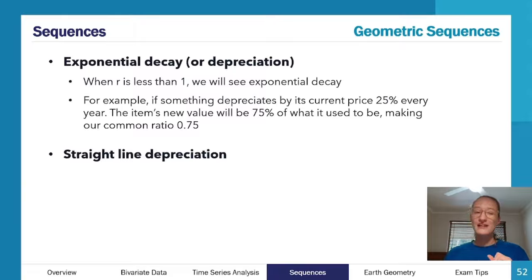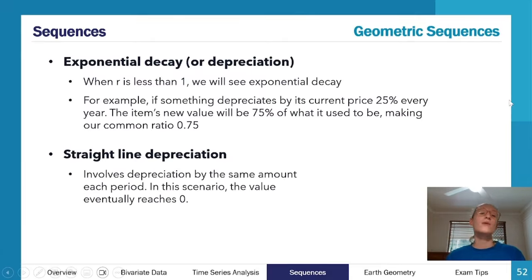Last thing I'll draw your attention to is the fact that exponential decay is that geometric sequence when r is less than 1. It might start at this value and then lose 25%, and it'll keep losing value, but still making an exponential curve. But straight line depreciation is modeled by arithmetic sequences, because straight line depreciation is where we're losing the exact same amount each time period.